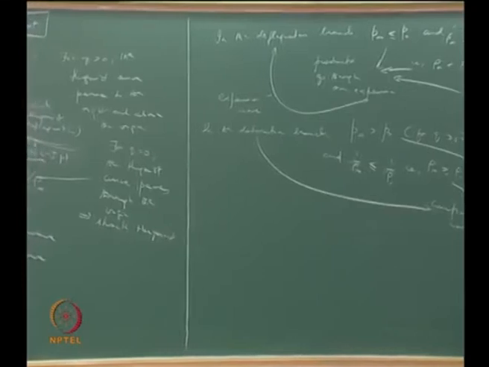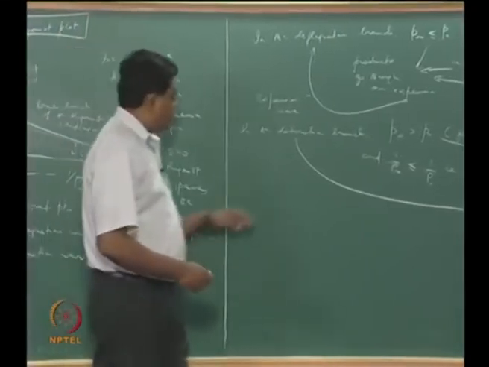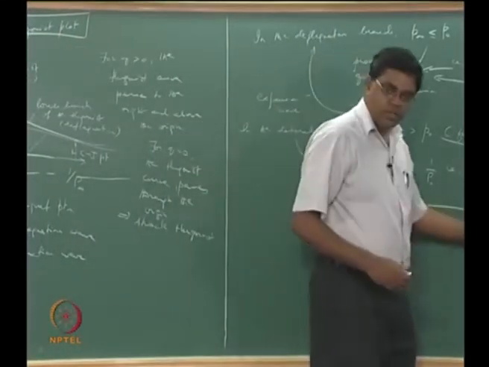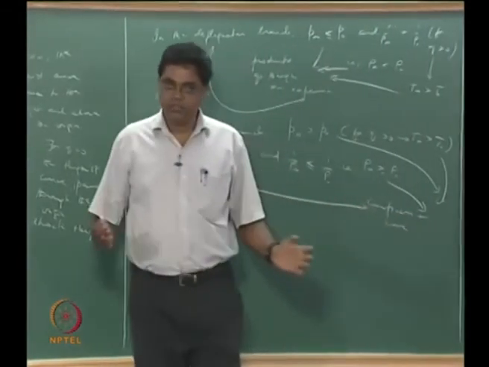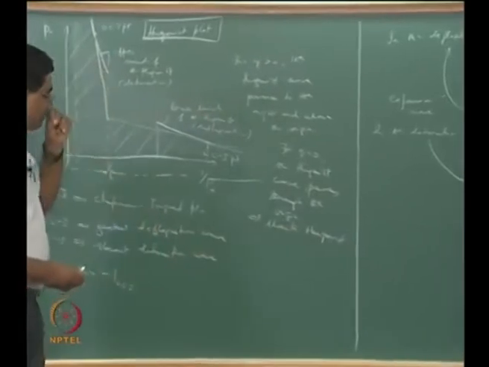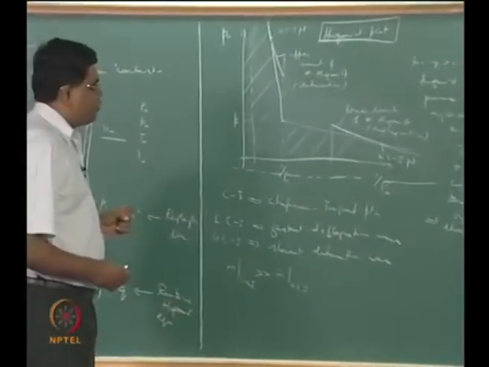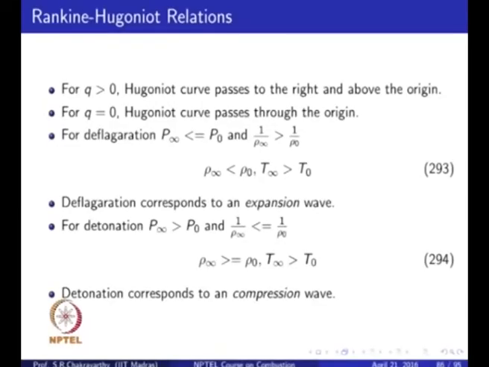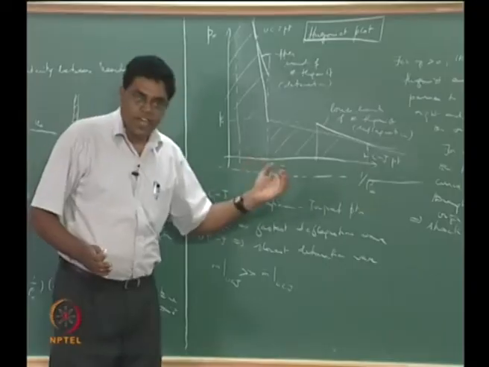So we talked about a shock Hugoniot. We are now beginning to look at one of the branches actually corresponding to compression. So it's all kind of going together. You can see that there are elements of what we have done before in gas dynamics beginning to look like a special case of what we're talking about. It's a special case in two ways. One, first of all, it's a non-reactive case.